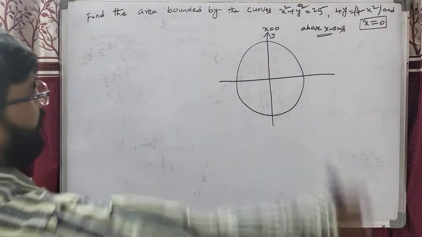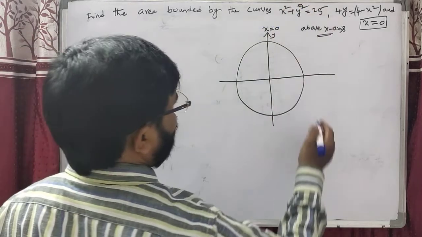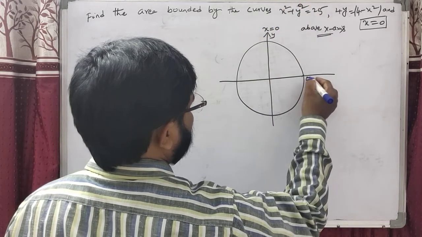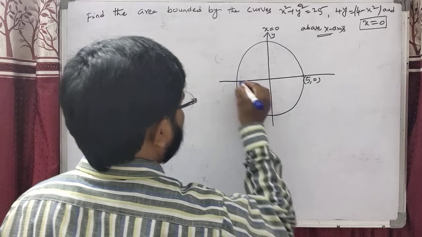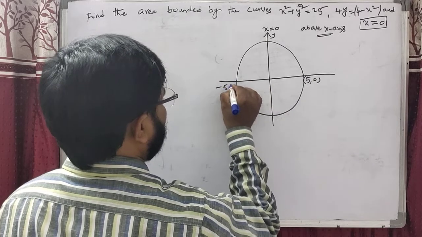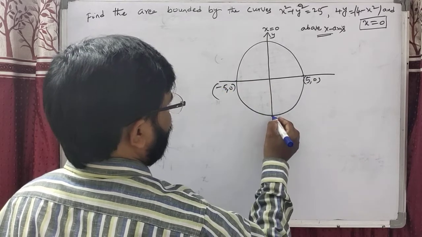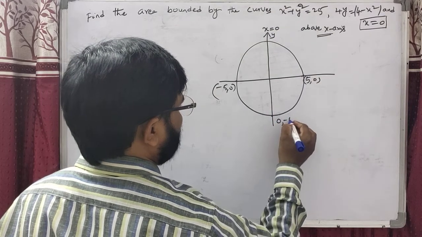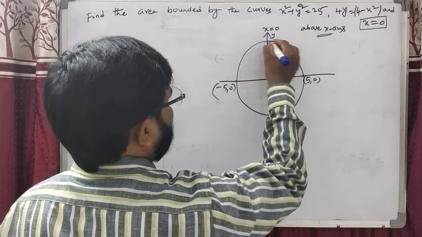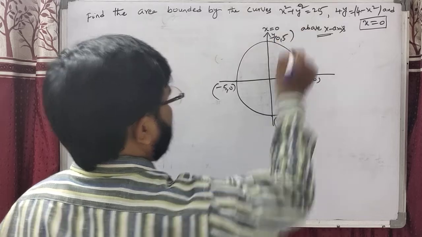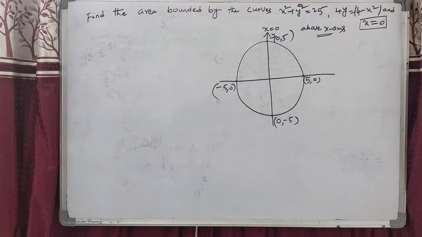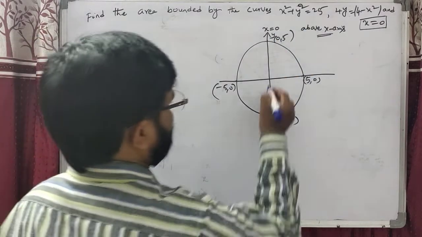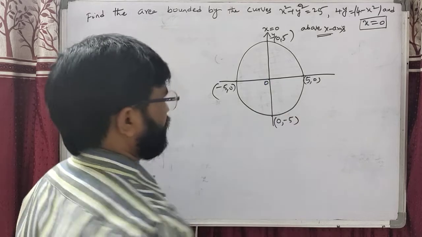When we are taking x square plus y square equal to 25, this is 5 comma 0. This is minus 5 comma 0. When we take x is 0, this is also 0 comma minus 5. Dear students, this is 0 comma 5. This is the graph of the circle. Okay students, this is the origin.